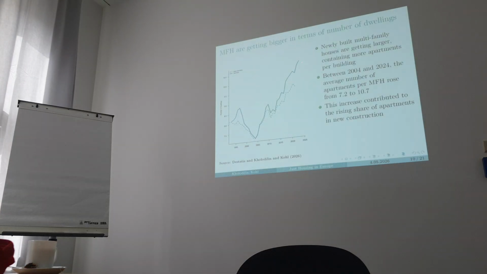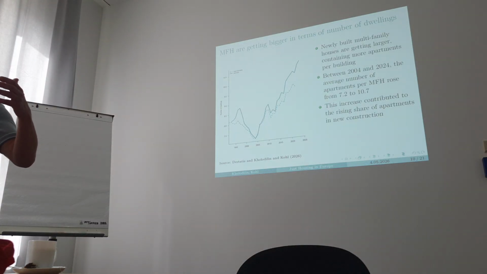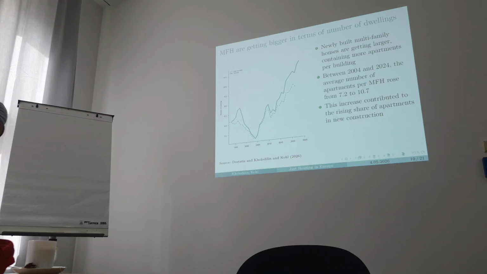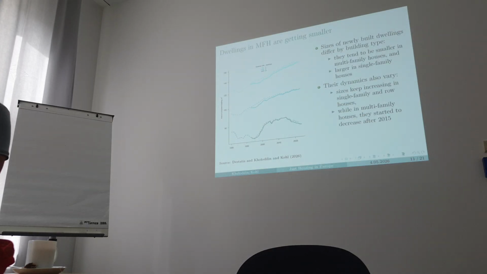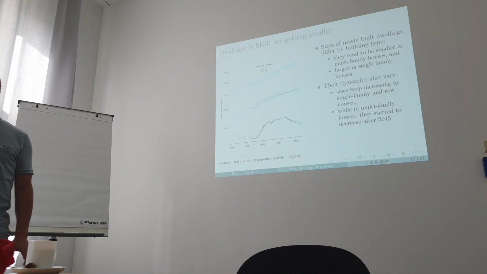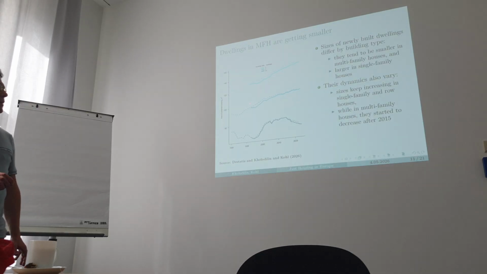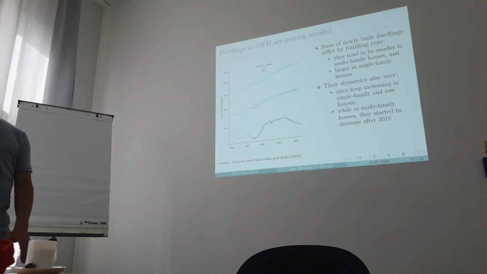And if you have more multifamily houses being built, and these houses are becoming bigger in terms of the number of units they contain, then of course the proportion of multifamily units increases in the total supply of new housing. And another thing, which I already mentioned, is the difference in size. So here we have buildings with 1 dwelling, or detached houses. Here we have semi-detached houses, and these are the multifamily houses.